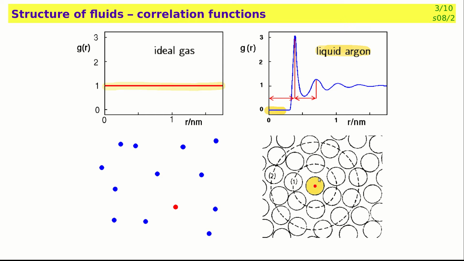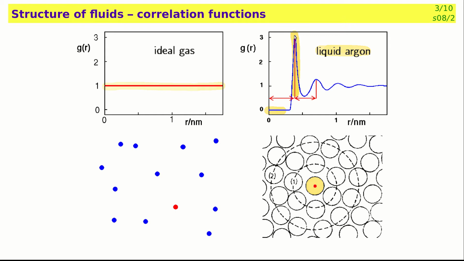But if there is one atom somewhere, one chosen, then the atoms which are around have a tendency to be organized in a shell. It's not a very well-defined shell because molecules in a liquid constantly move there and back. But a sort of high probability that you can find a particle here. And this is represented here by this peak.